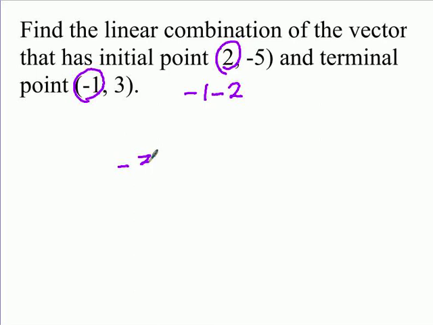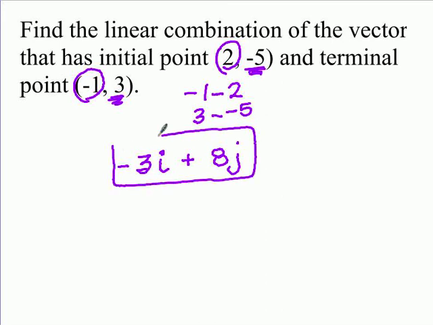So my i component will be -3i. Then I'm going to take 3 minus -5, and my component will be what? 8j. And there you go. Is it always adding? Oh, wait, I guess it depends on what the number is. Okay. All right, so far so good?